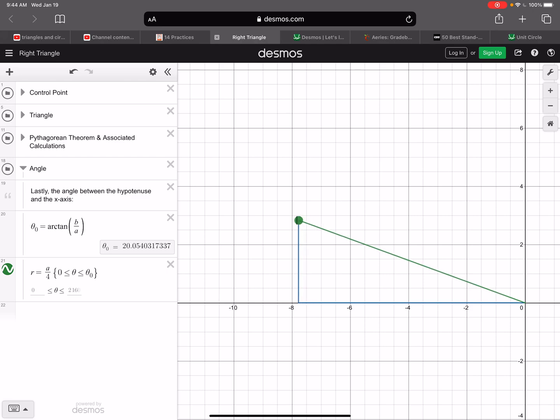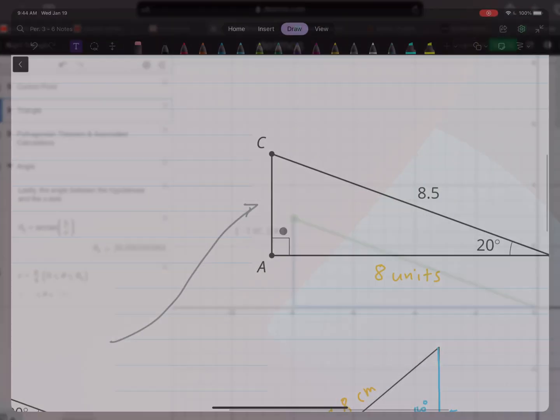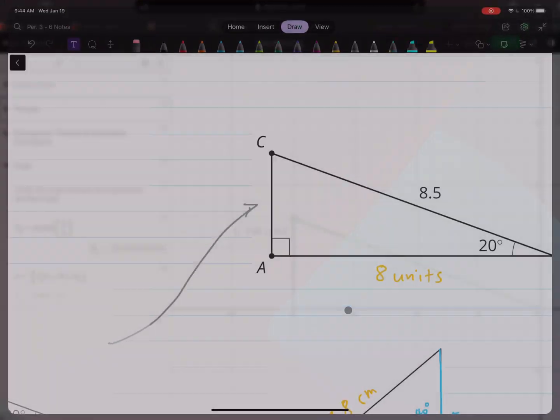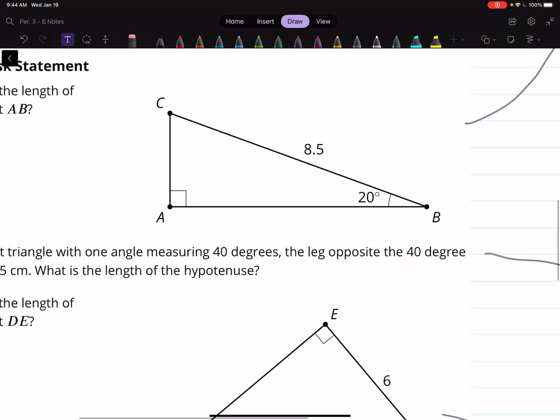So it should be about like that, okay? So it should be about 8 units, right? If we take a look at this length, this is going to be about 8.5 from here to here. We're just estimating, and we get about 8 units for these values down here, okay? All right, let's go to the next problem.